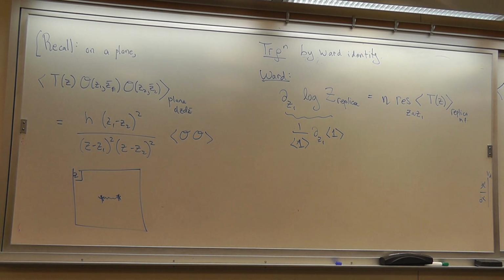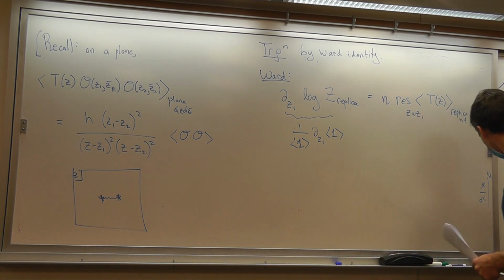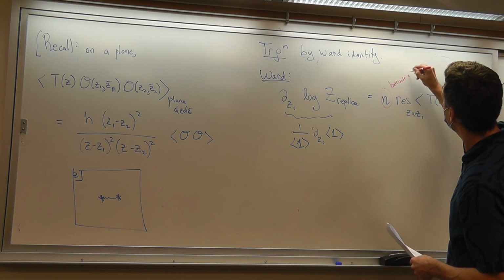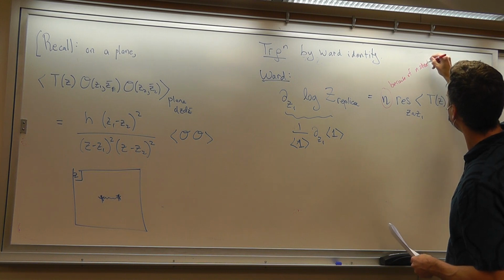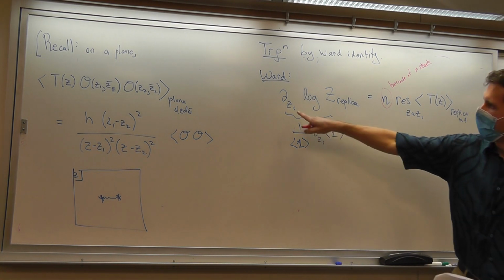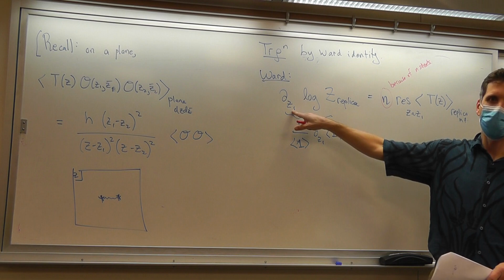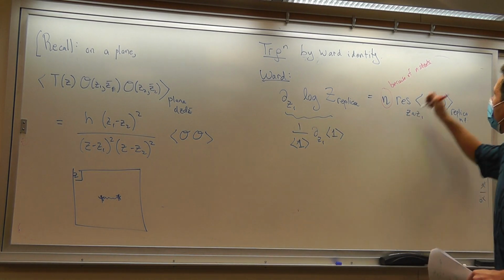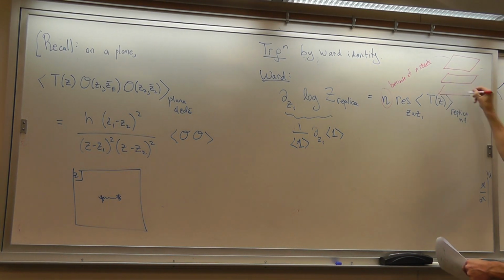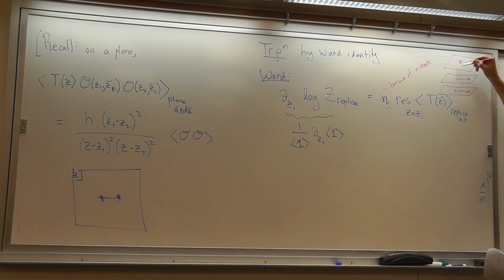The origin of that n is because of the n sheets. So let's draw the n sheets. We really have a z1 on each sheet.